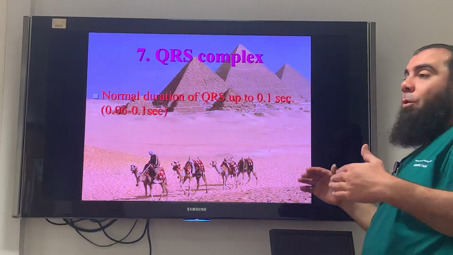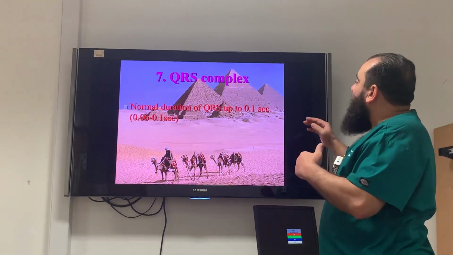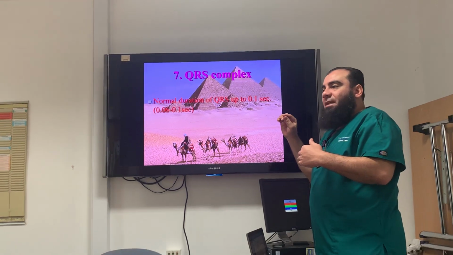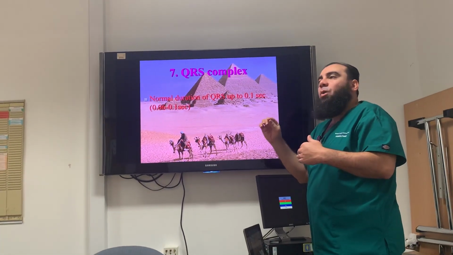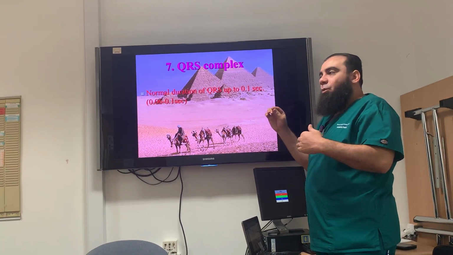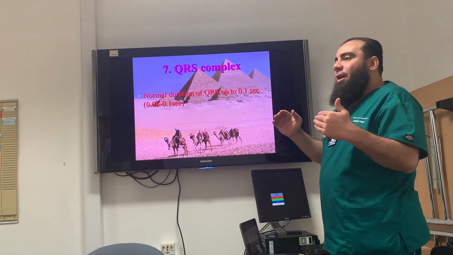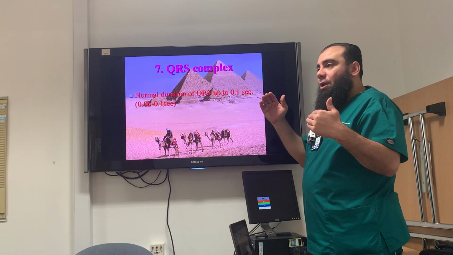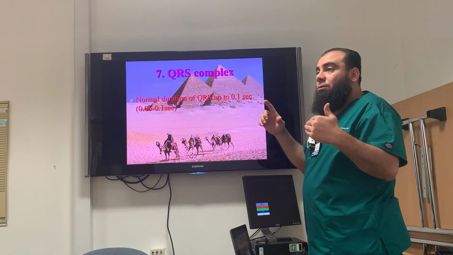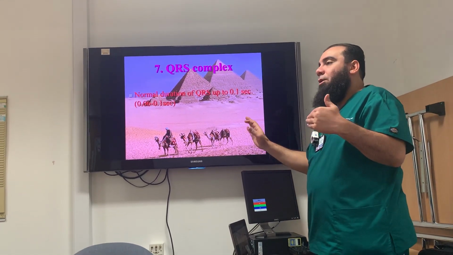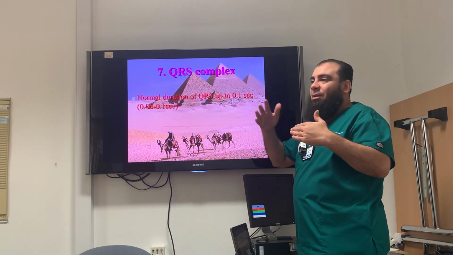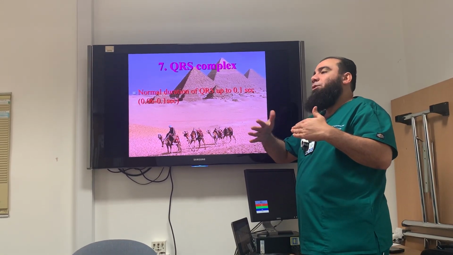Okay, normal duration. The QRS is up to 0.1 second, which means 2.5 small squares. What is the limitation of the QRS complex? If it is 2.5 to 3, it is incomplete, so if there is a bundle branch block, you can call it incomplete bundle branch block.